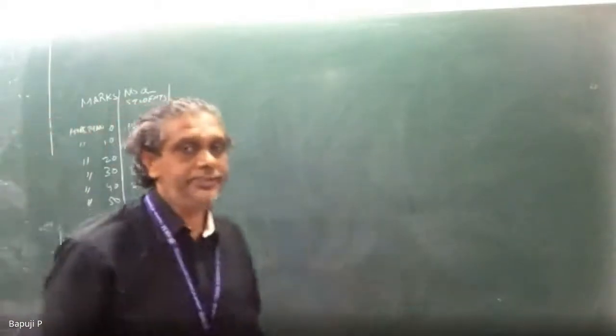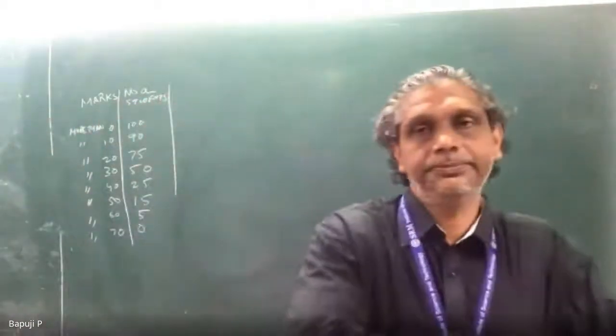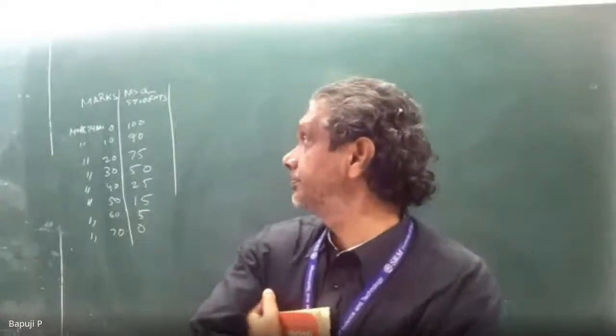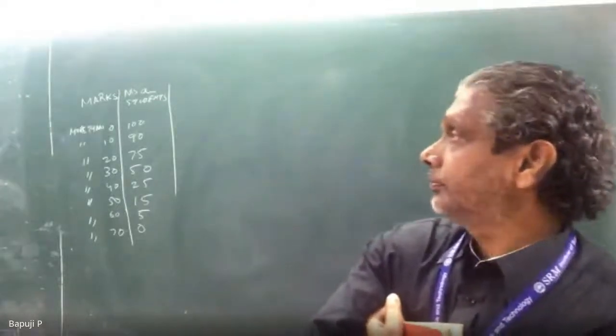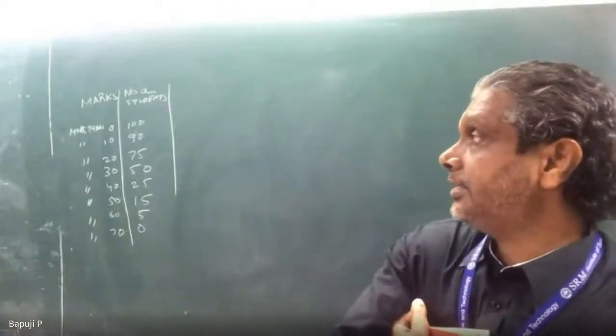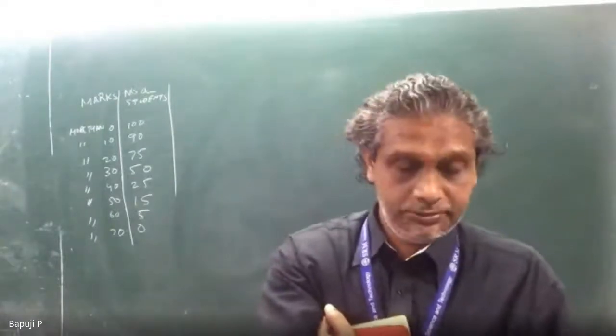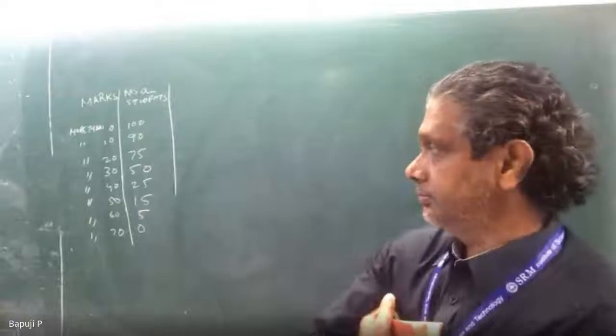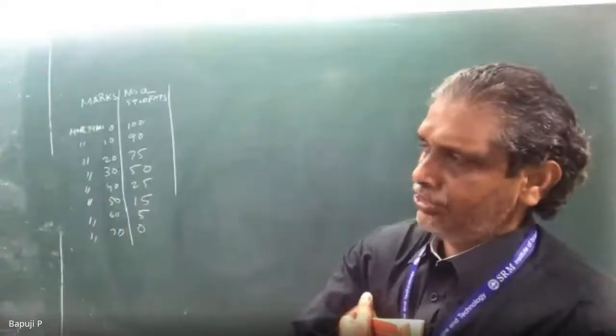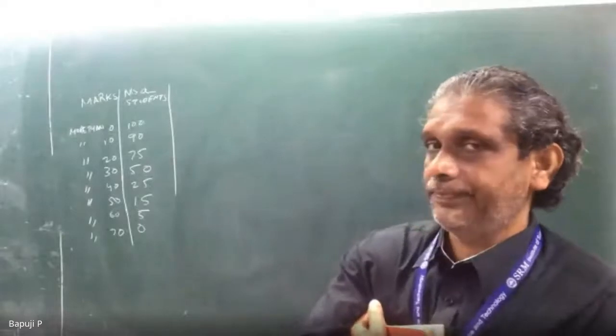Now, what is the difference between the previous problem and this problem? More than 0 means what? It is from 0 to the full length, from 0 to the end.